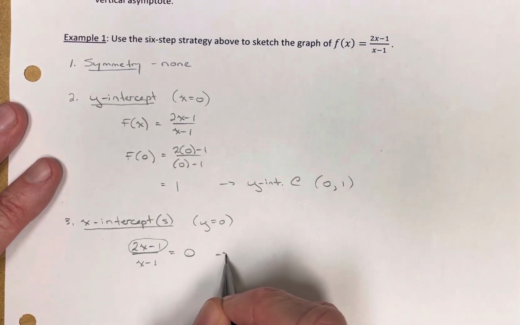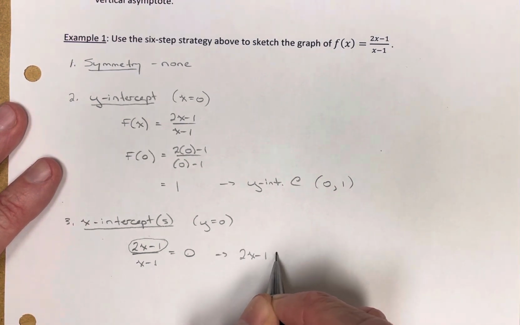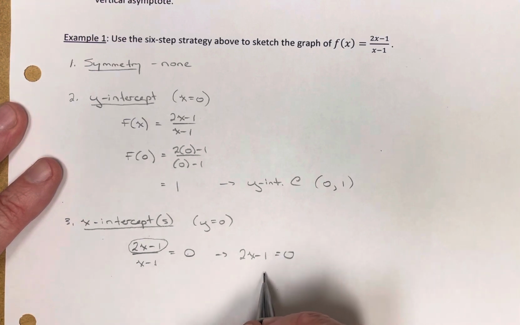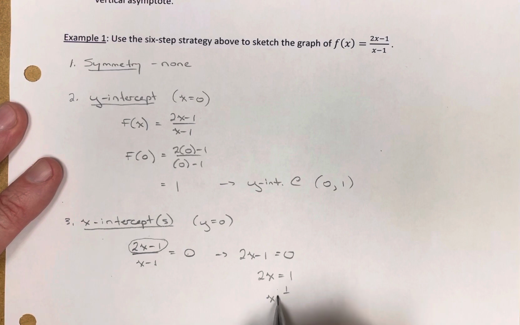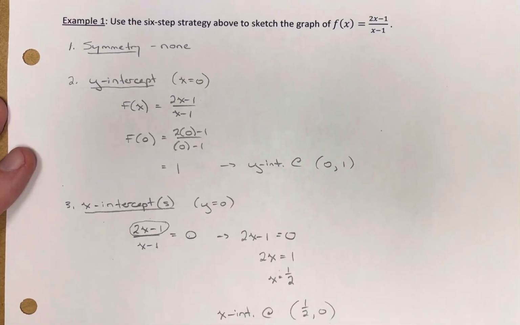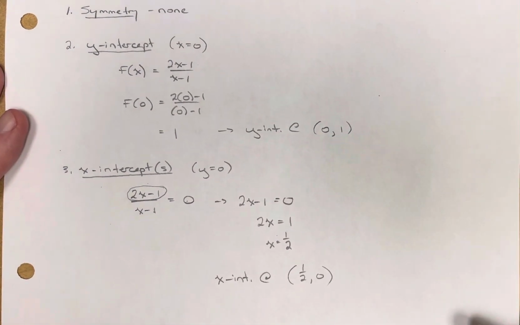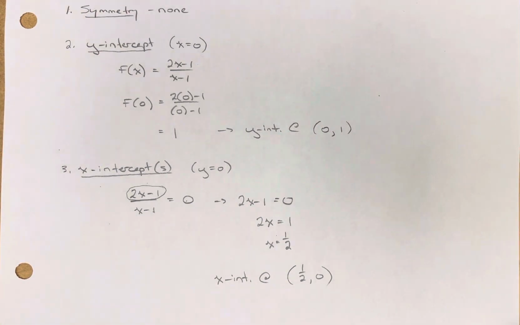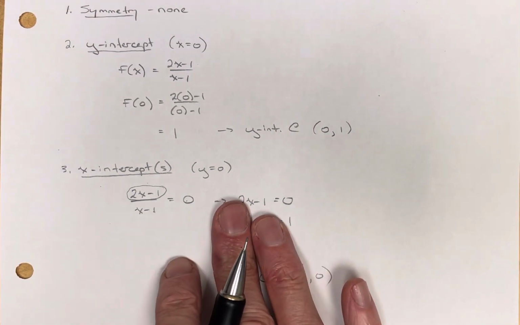So let's take a look at when 2x minus 1 equals 0. Add 1 to both sides, 2x equals 1. So x equals a half. So we have an x-intercept at (1/2, 0).